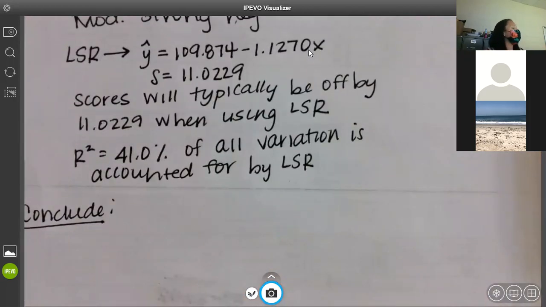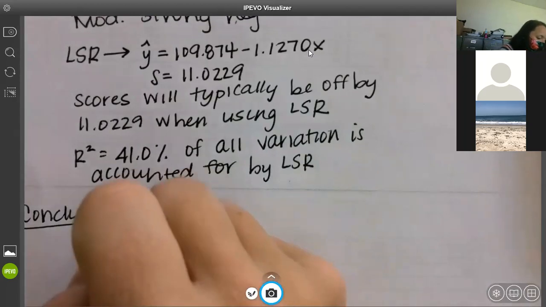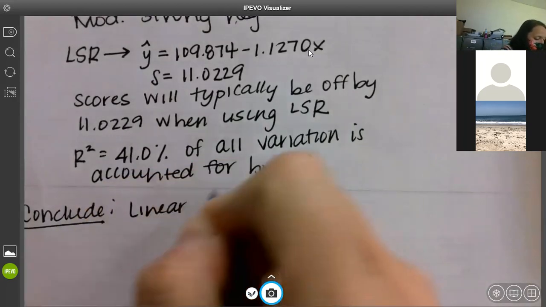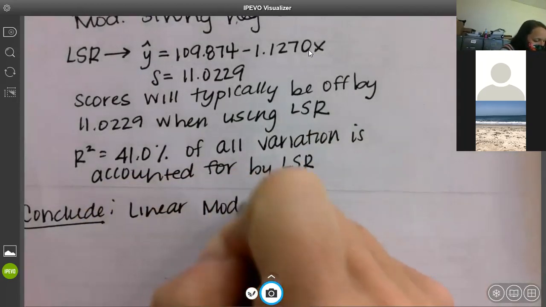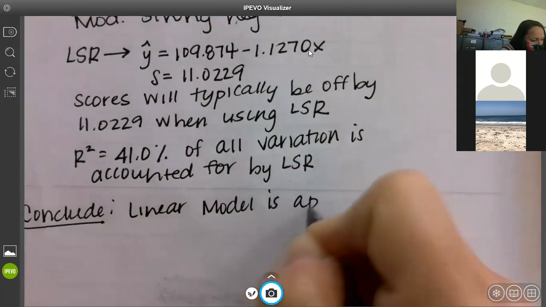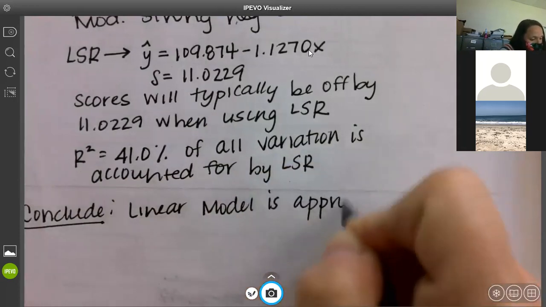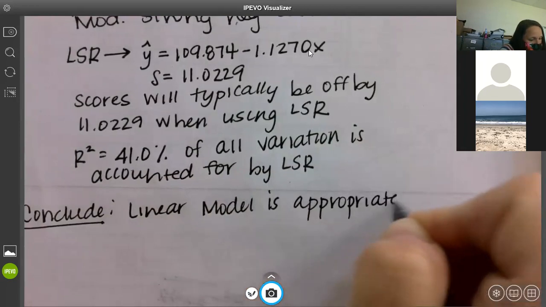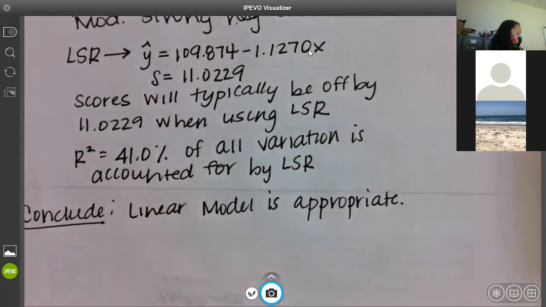So we did answer the question, is the linear model appropriate? Yes or no? Why did we find that it was appropriate? There's no clear pattern in the residual. However, why did we use the other two things?